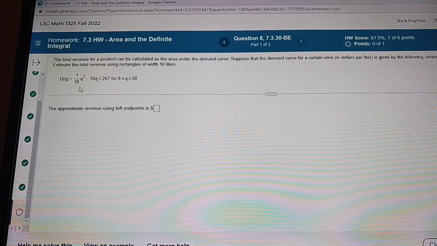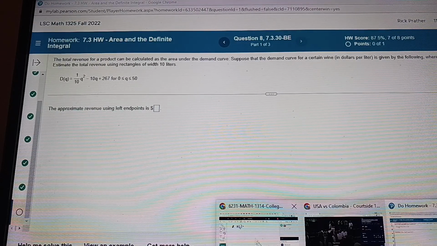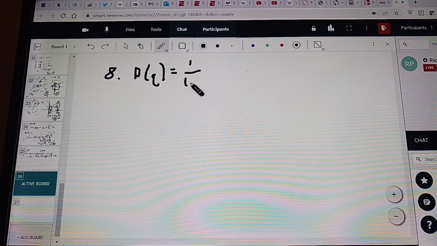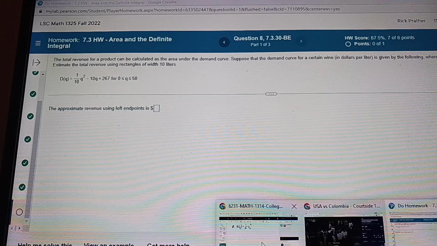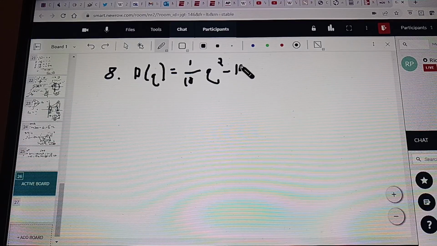It's a quadratic function, 1/10 q squared minus 10q plus 267, and we can make anywhere between 0 and 50 of our quantity every day of our product.